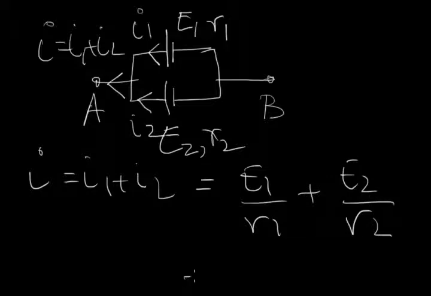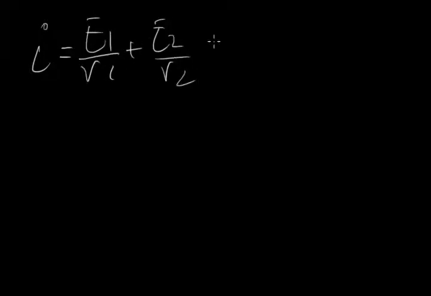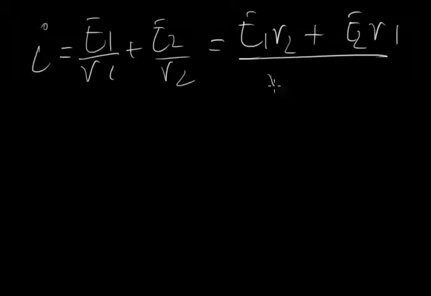So from there I can go on to write that this is E1 R2 plus E2 R1 divided by R1 R2. So we have arrived at the current, E1 R2 plus E2 R1 divided by R1 R2.